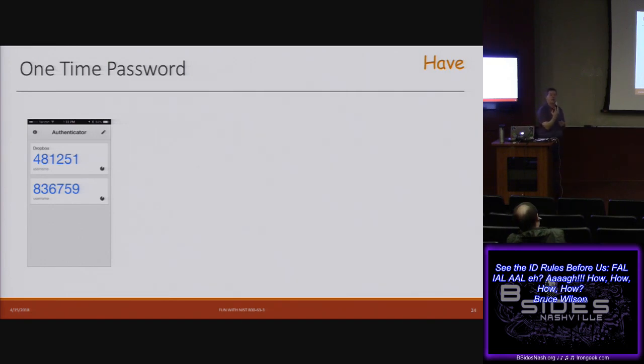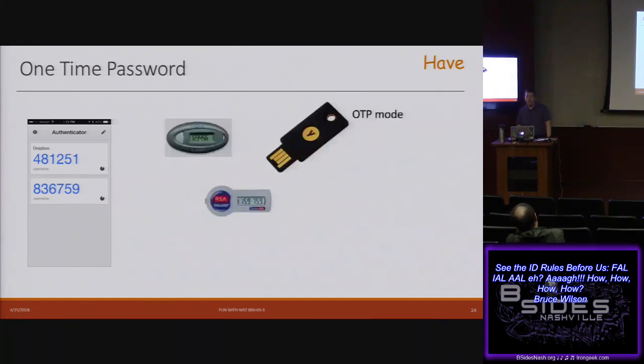There is a symmetric encryption key or a keyed hash, that secret that has to be known by both the client, whatever is the authentication tool, and the verifier. They both have to have a copy of the same thing. It's a symmetric password. So this is an example of a software-based one-time password.